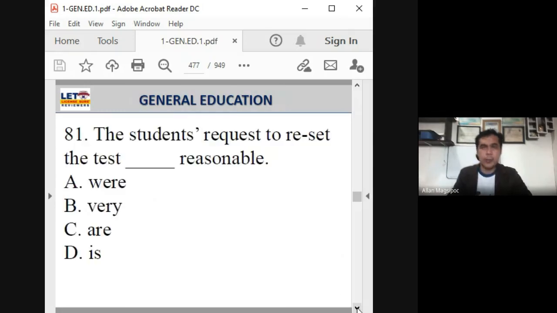Next question. The student's request to reset the test, blank, reasonable. Which of the linking verbs here is the most appropriate for the sentence? Where, very, are, is.